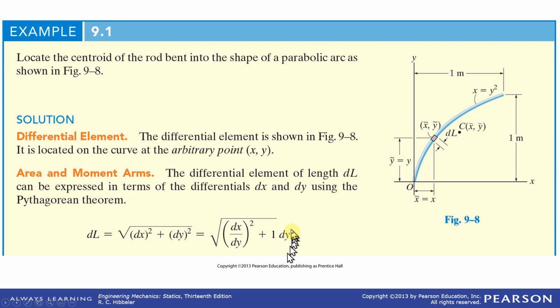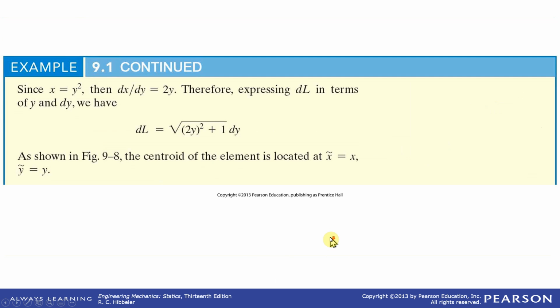So we can also get dx/dy. Well, x equals y squared, so dx/dy is going to be 2y, and then we'd square it. So here's the 2y squared. dl equals the square root of 2y squared plus 1, dy.